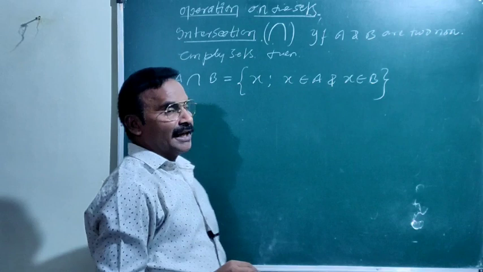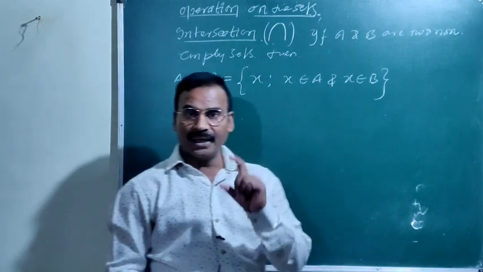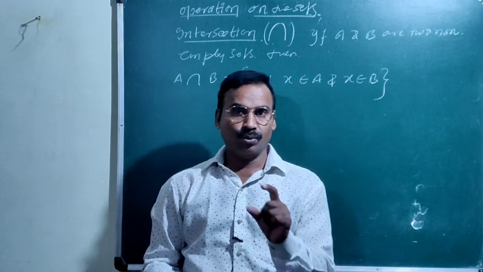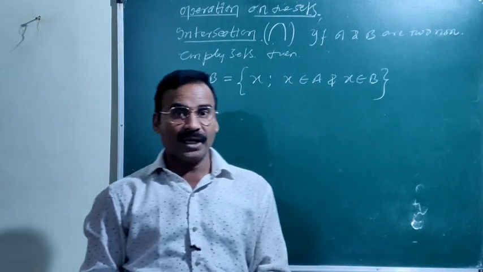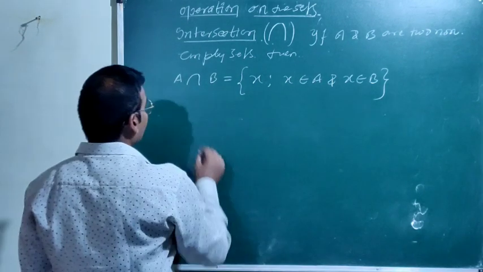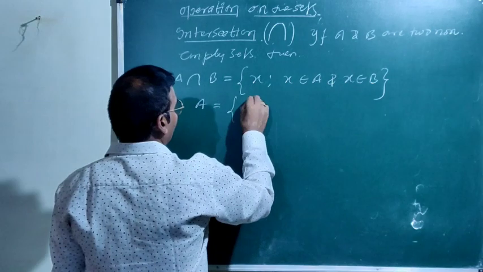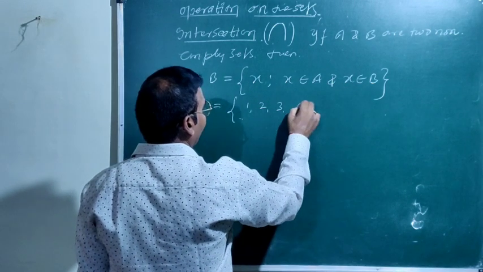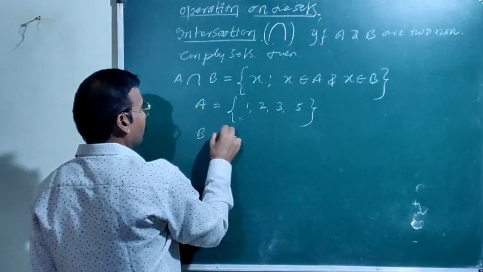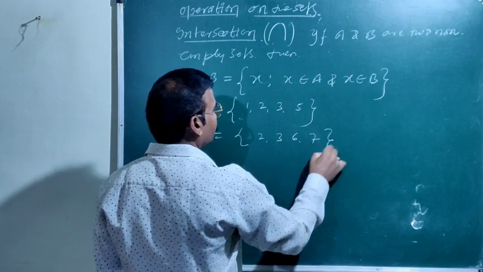So the simple meaning of intersection of two sets is that you have to take only the common elements from both sets. For example, A is 1, 2, 3, 5 and B is 2, 3, 6, 7.